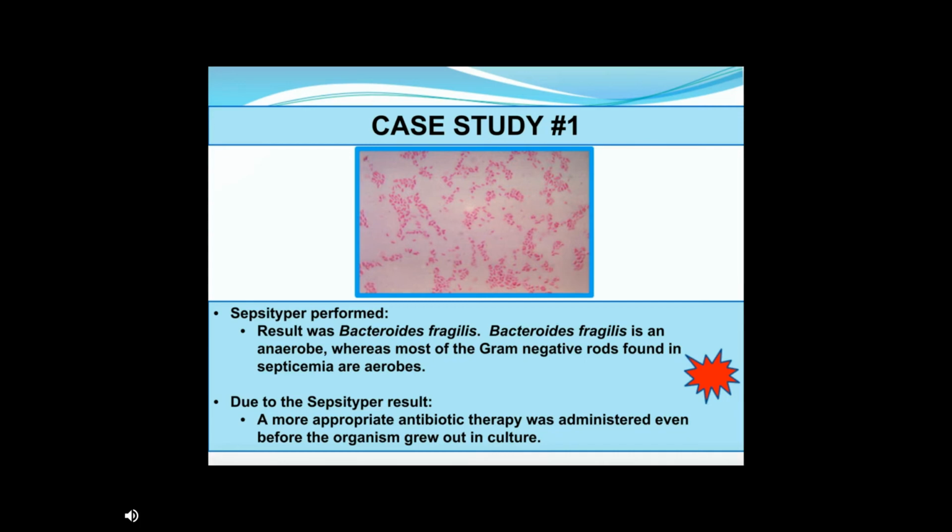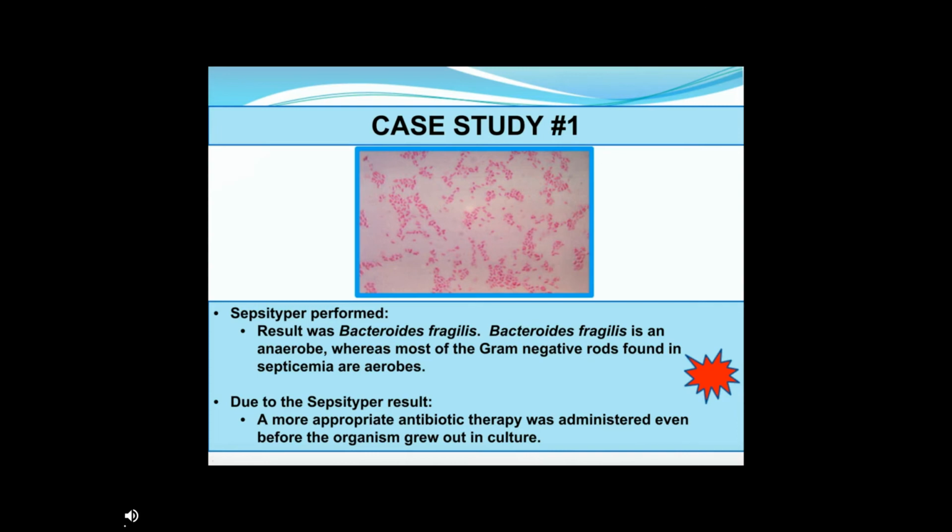Then we were able to perform the Sepsityper. It gave us the B. frag result, which we were then able to update in the computer, in the patient's chart, and therefore ID Pharmacy was able to change the antibiotic therapy to an appropriate antibiotic for this particular organism.